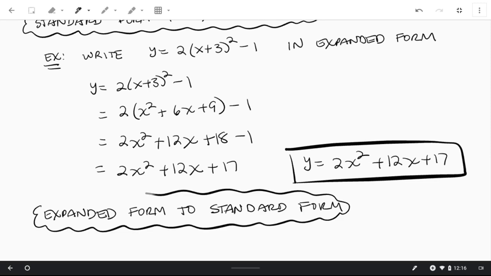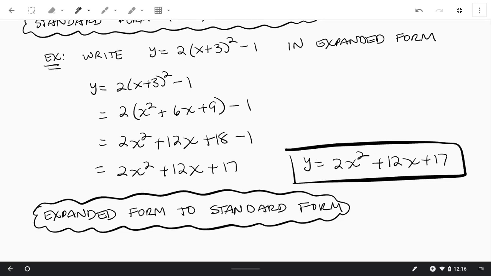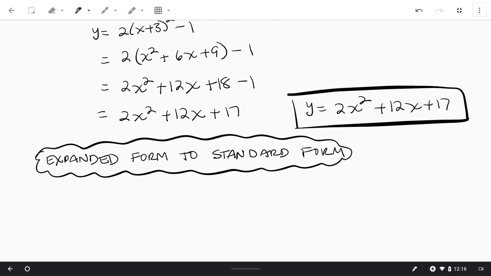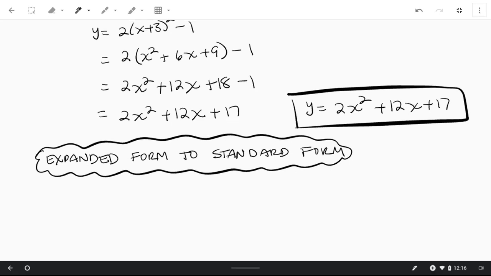So this one here, you will need to use the method of completing the square. So if you don't quite remember how to do completing the square, I will have another video after this one that shows you how to complete the square.